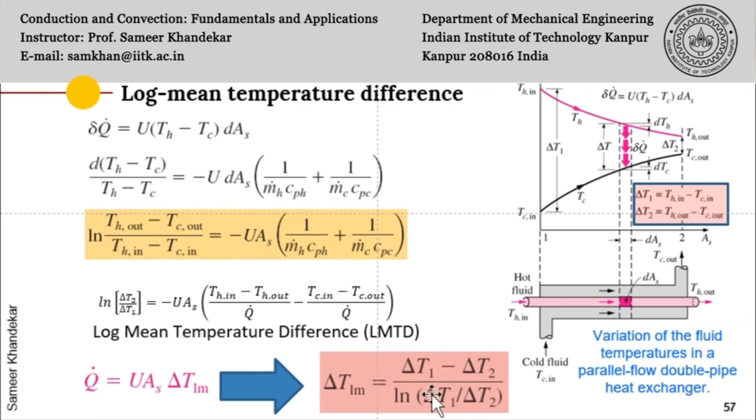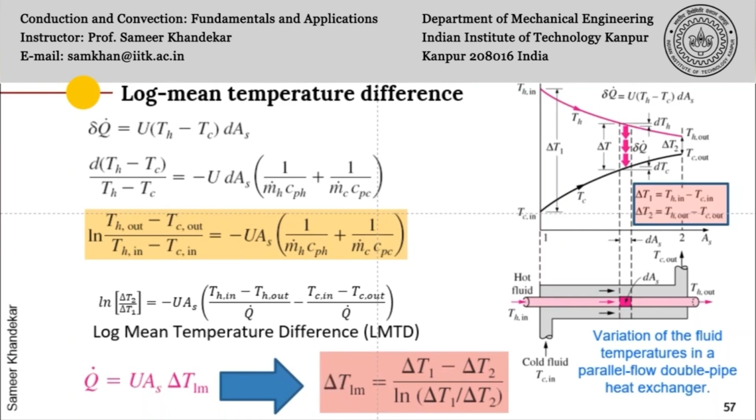To take care of the minus sign, we have just reversed the term inside the natural logarithm. So you see we have again derived the logarithmic mean temperature difference as a natural outcome of applying the energy equation and the transport equation to our parallel flow heat exchanger.